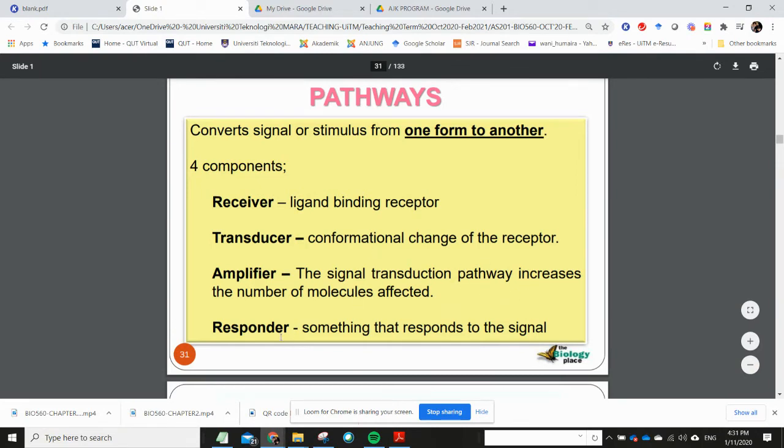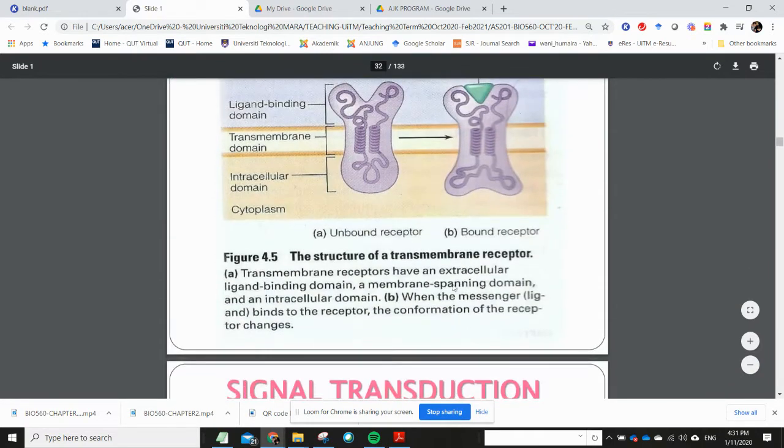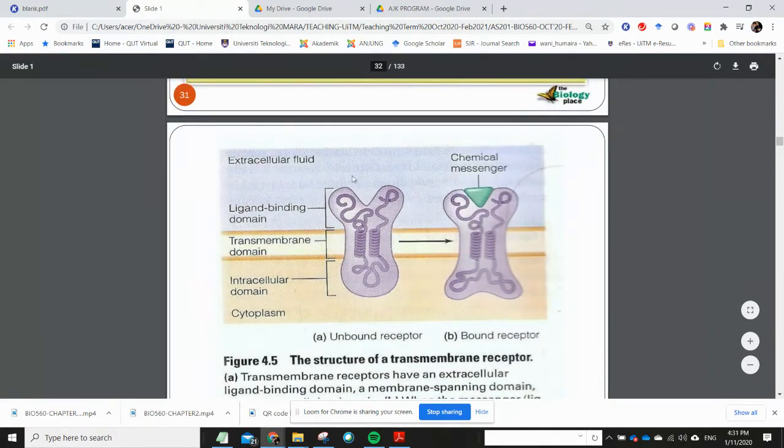And then the responder is something that responds to the signal. This is just the diagram of the receptor. So we have the ligand binding domain, the transmembrane domain or transducer, and then the intracellular domain.